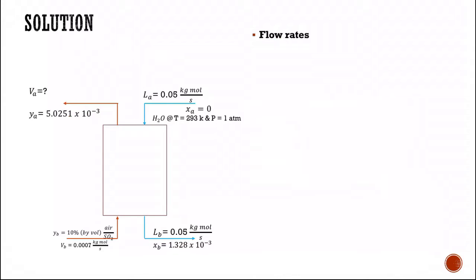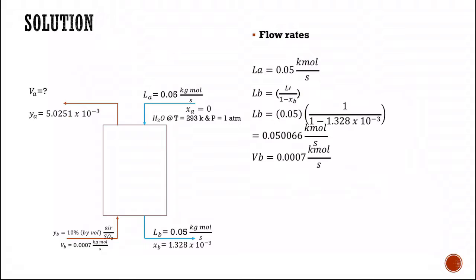Okay, for flow rates, for LA, we are given 0.05 kilomole per second. For LB, we will calculate using L prime, 1 minus XB.